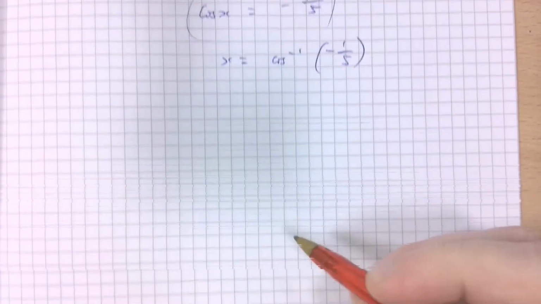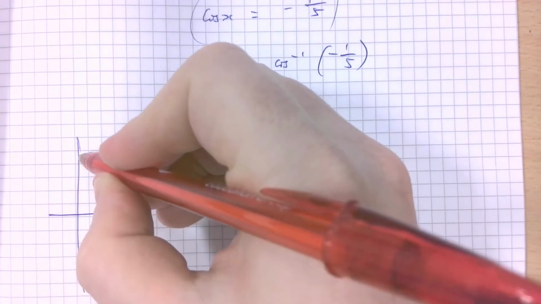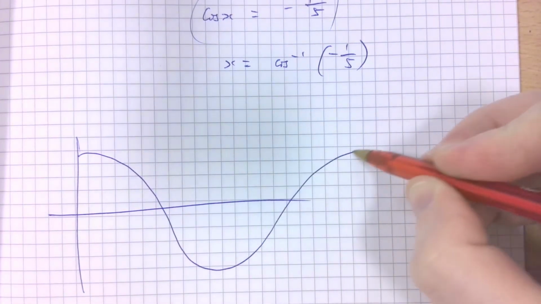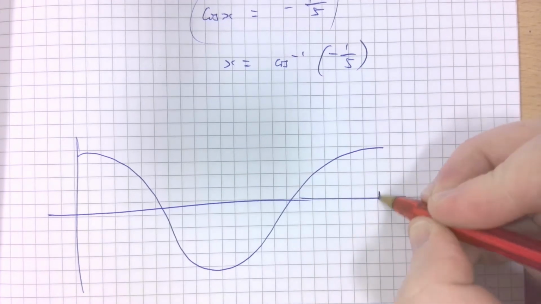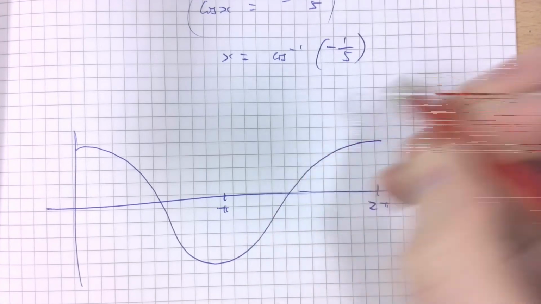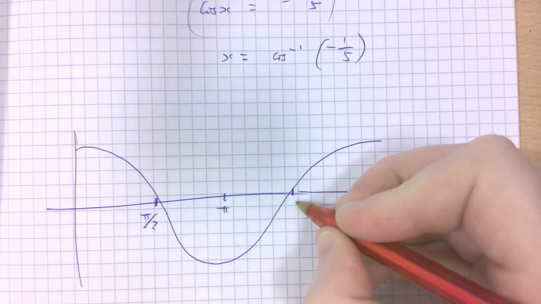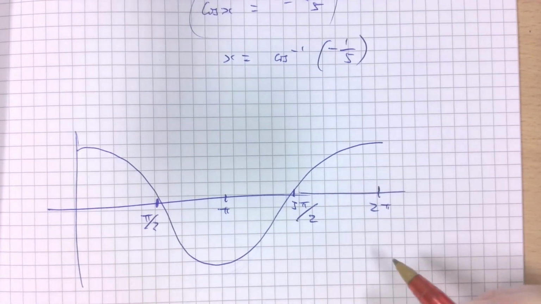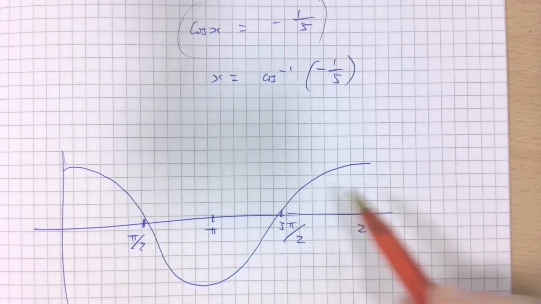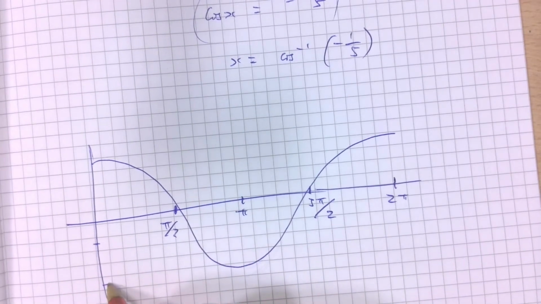Okay? And just as we did before, got to draw out a diagram. I mean, this is how I would choose to do it. You may prefer any of the plethora of diagrams and methods that you've been shown. This is the one that I really like. So negative 1/5 is down here somewhere.